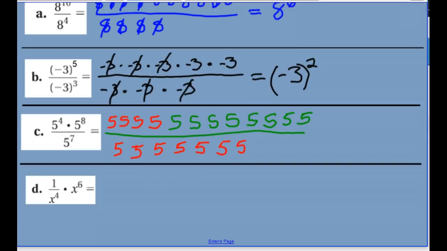So just like any other division problem then, we are going to subtract them. So we're going to take them away, one from the top, one from the bottom, one from the top, one from the bottom, top, bottom, top, bottom, top, bottom, and so on.